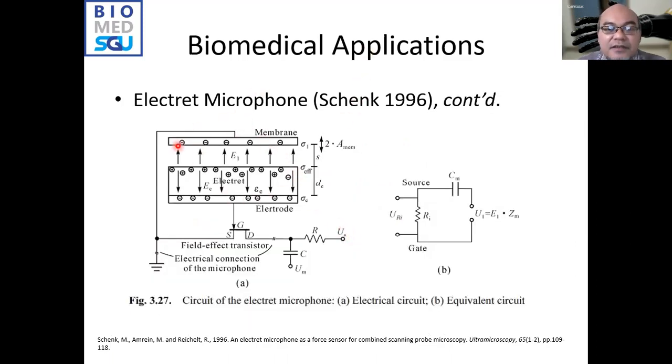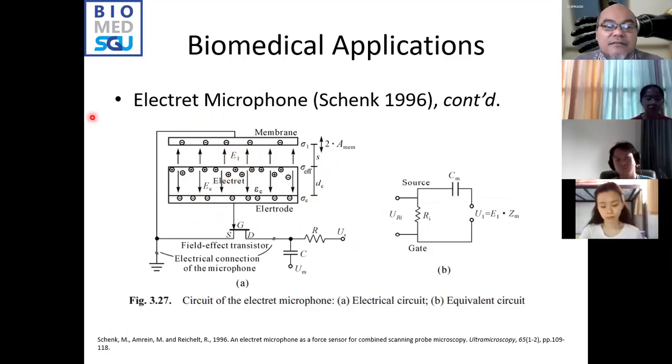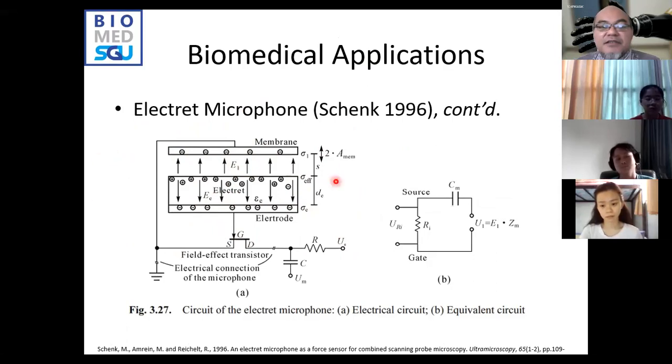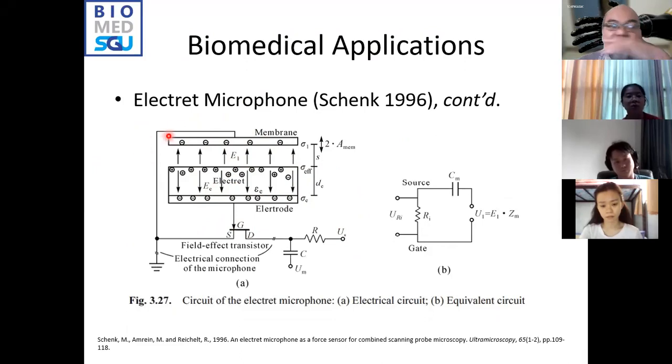So this is the model of the electret microphone. The membrane will be the one that is affected by the pressure due to the air vibration. Basically, a microphone here measures the vibration of the air, right?